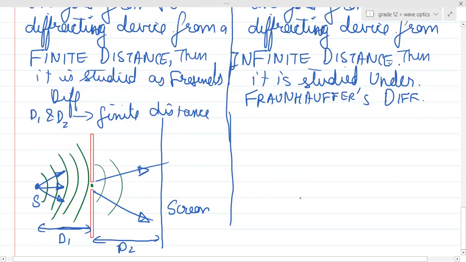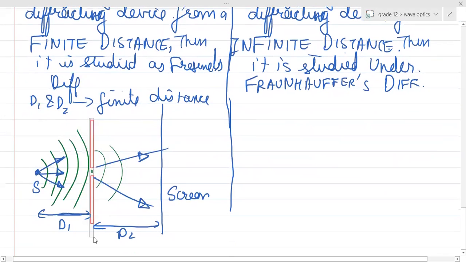So what will happen in the case of Fraunhofer's diffraction, guys? The source will be at infinity. So d1 and d2 both tend to infinity in this case.